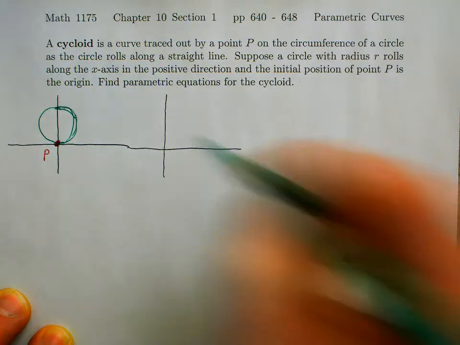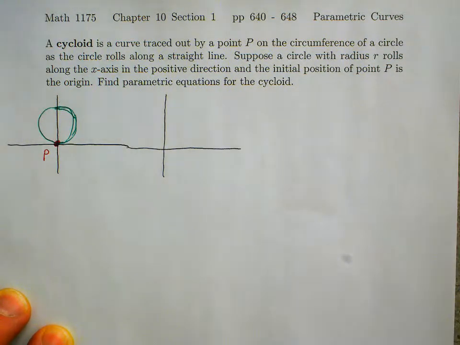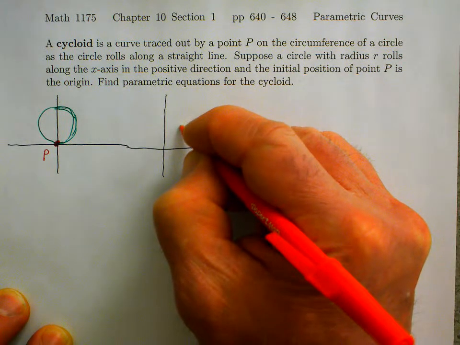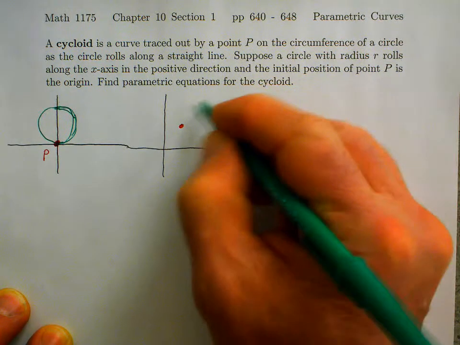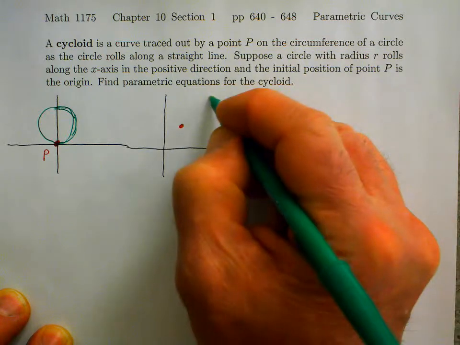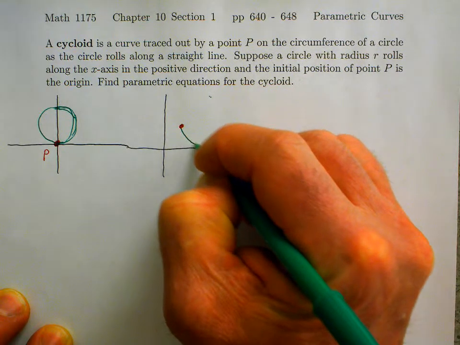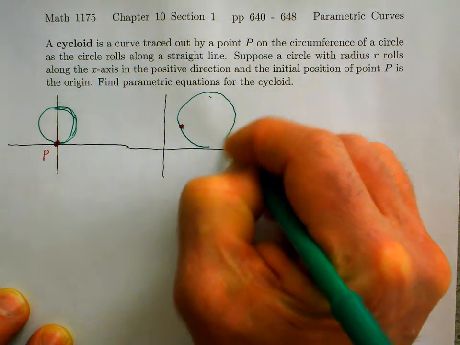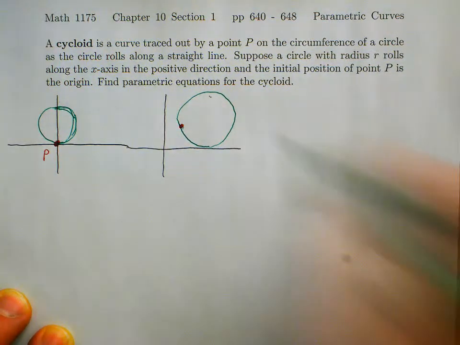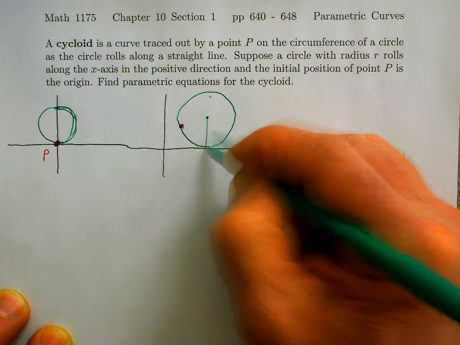When it's rolled to the right a little ways, our point P will be right about there. I might draw this circle a little bigger than the one on the left. So we get something like this, and the radius is r.